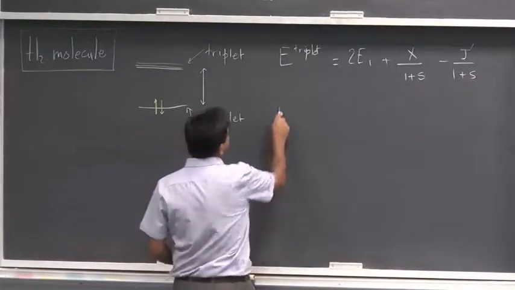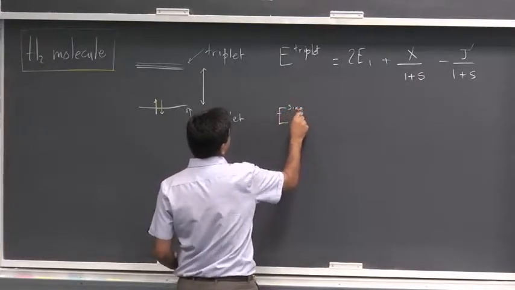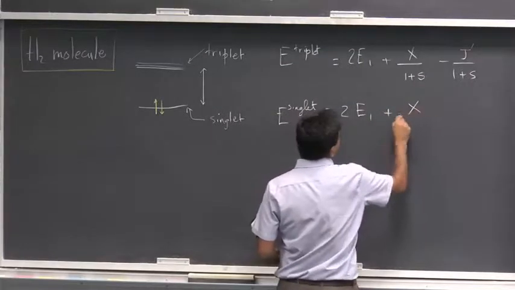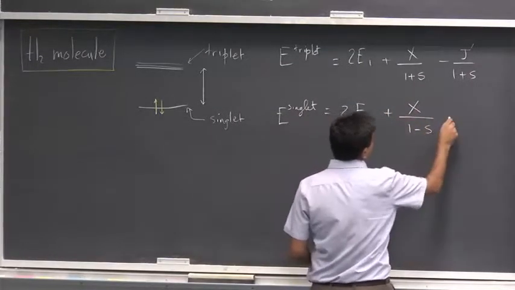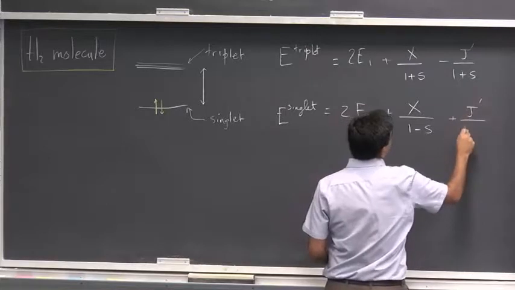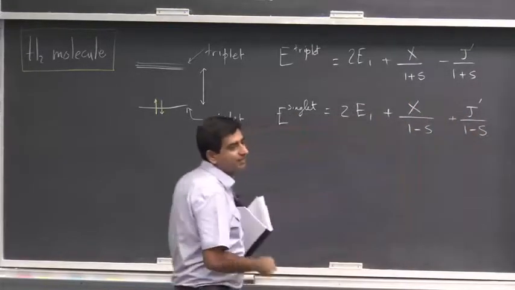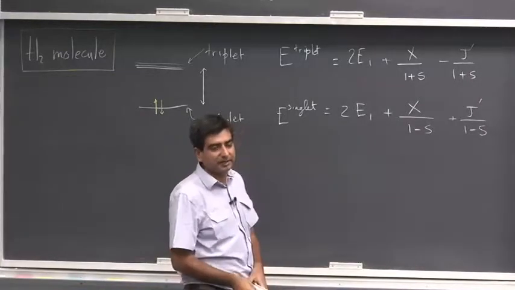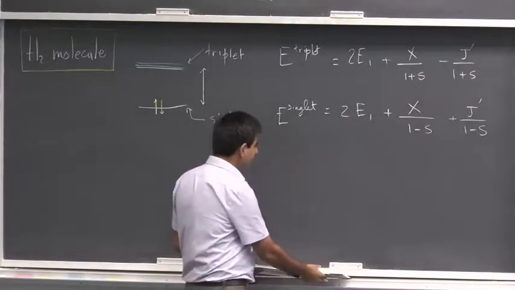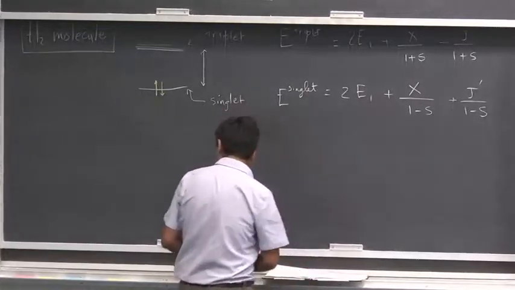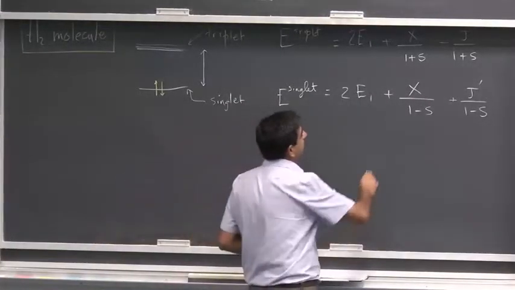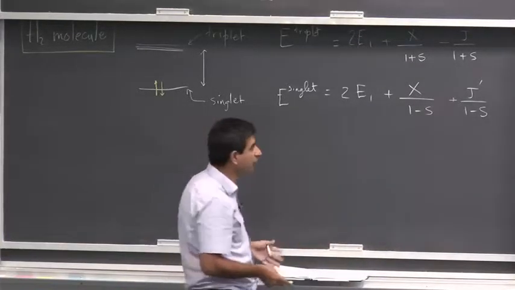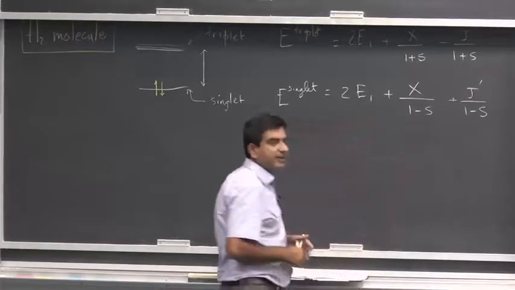Likewise, the energy for the singlet state is given by 2E1 plus X over 1 minus S plus J' over 1 minus S. E1 is 13.6 electron volt, the ground state energy. X represents the Coulombic integral, and J represents an exchange integral.